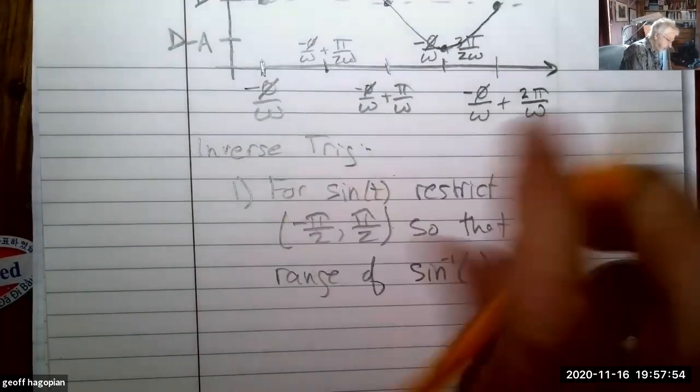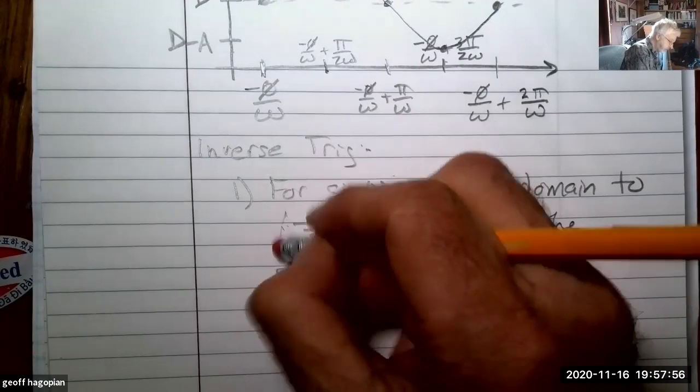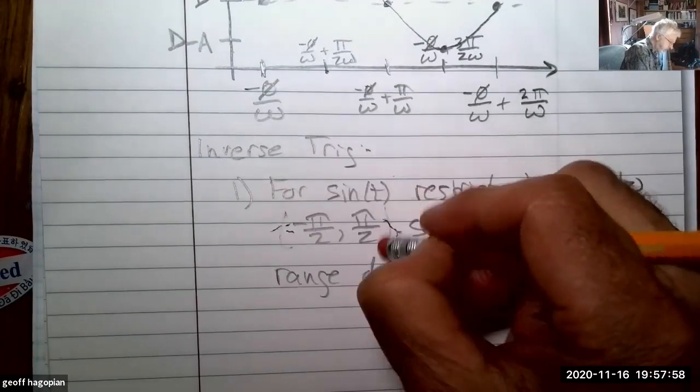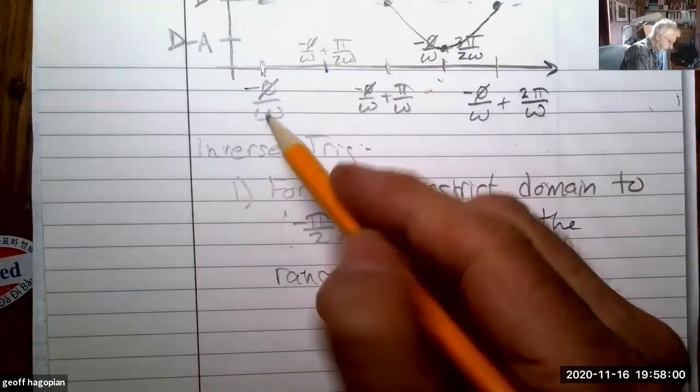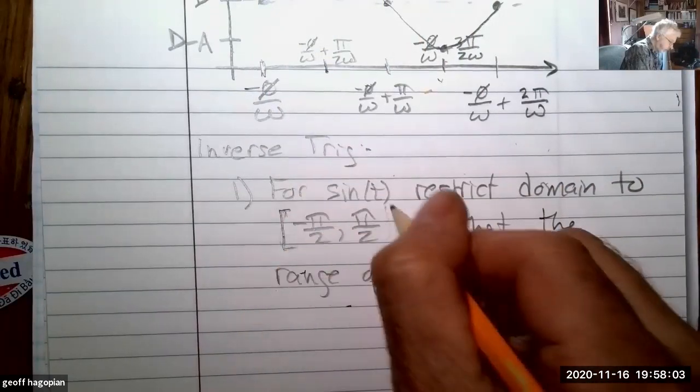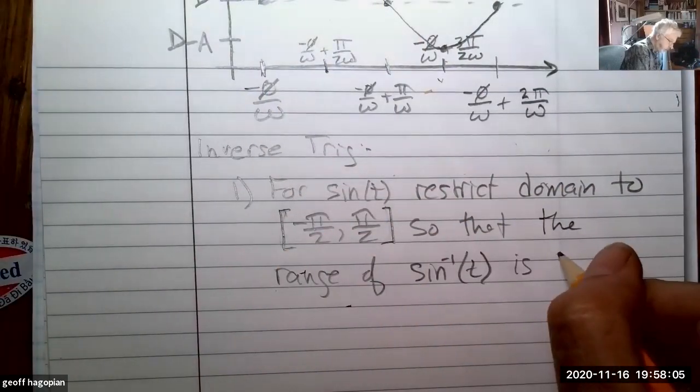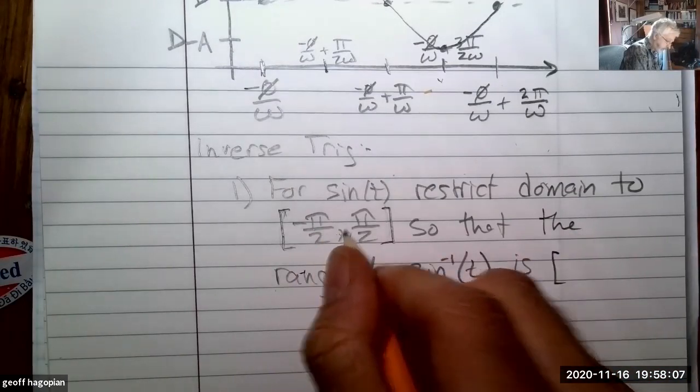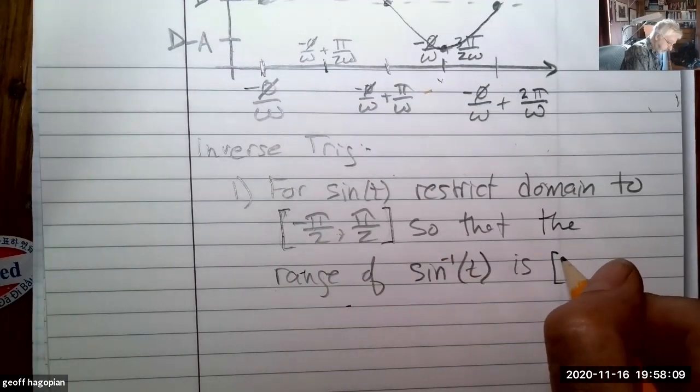Oh, in fact, we should include the endpoints here. So if this is the domain of the function, then that's also the range of the inverse function, right?